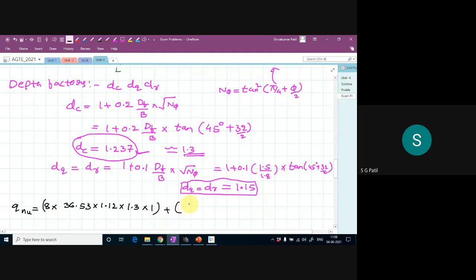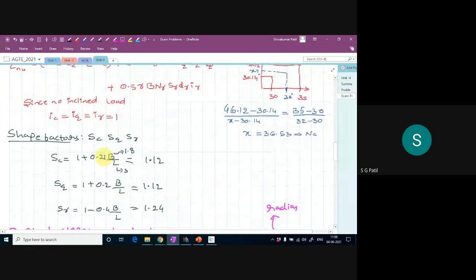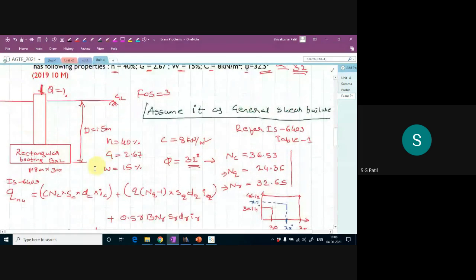What is the second term? q into (Nq minus 1), right? q is how much? q is this depth 1.5 times the unit weight gamma. They have not given the unit weight of soil, but they have given all these parameters.